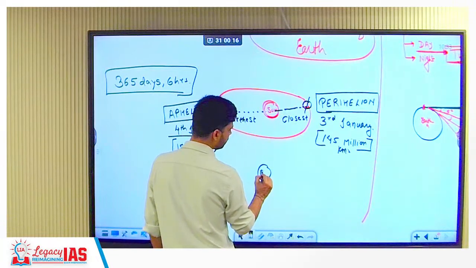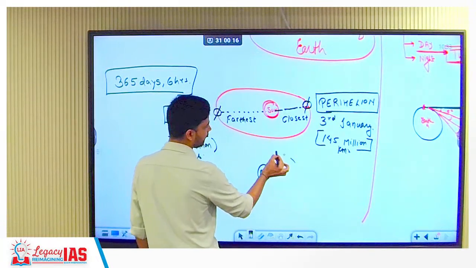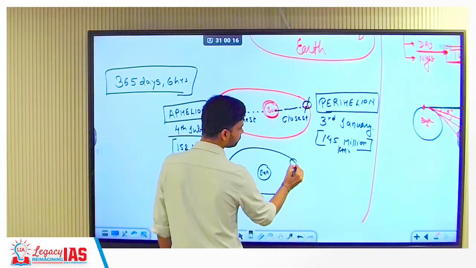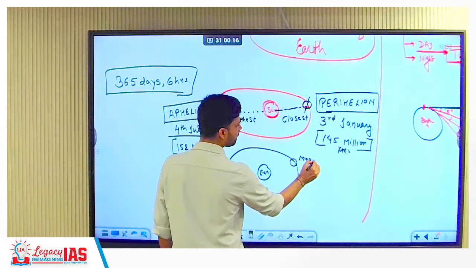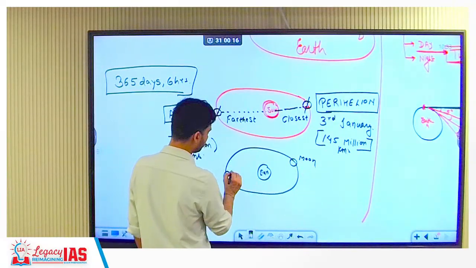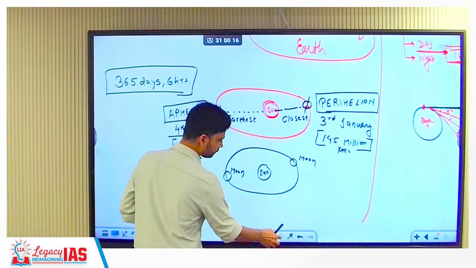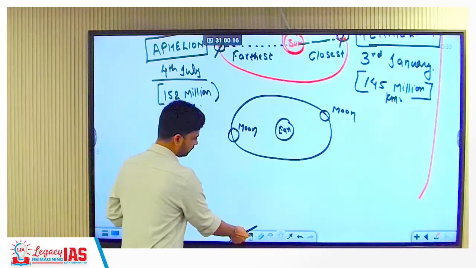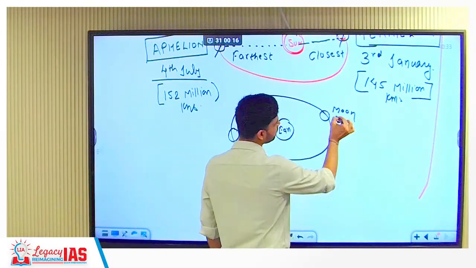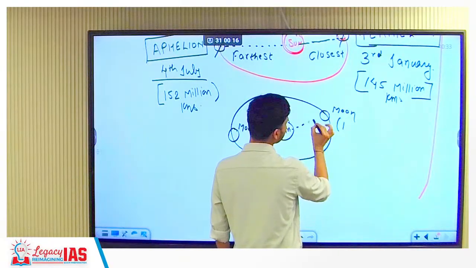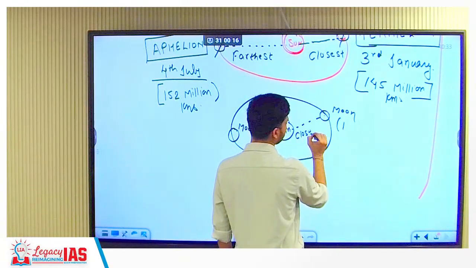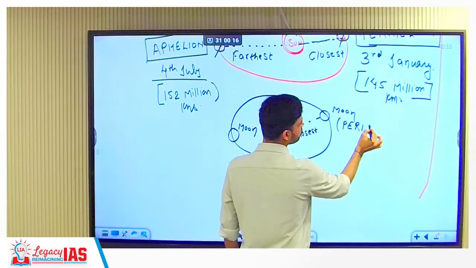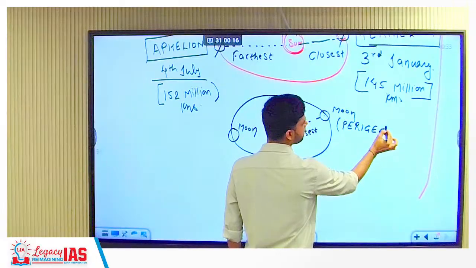So an exactly similar diagram we can draw here to have a comparative understanding. So this is the Earth here at the center, and then the Moon. Moon is orbiting around the Earth. So this is the Moon, and one position we can mark here. Similar terms are used here. When the Moon is closest, let us suppose this is the closest distance, when the Moon is closest to the Earth, it is called perigee.